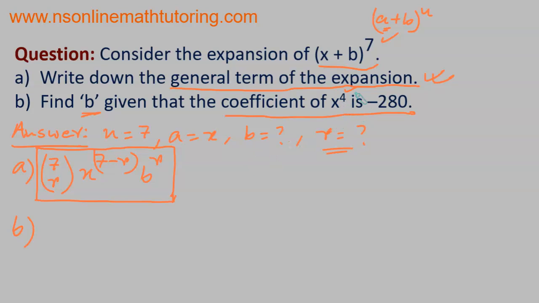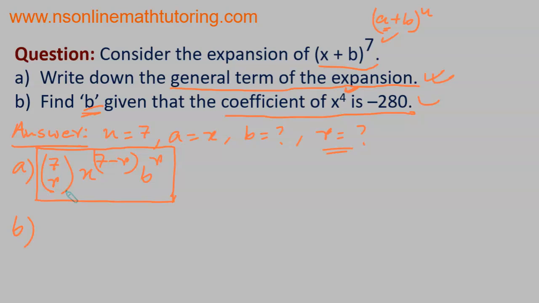But over here, they have given the power of x. How do we come to the value of r? We do not need the term number, but we do need the value of r. Otherwise, we cannot get the value of b or whatever is asked in the question. We cannot come to any answer. Therefore, we need the value of r.